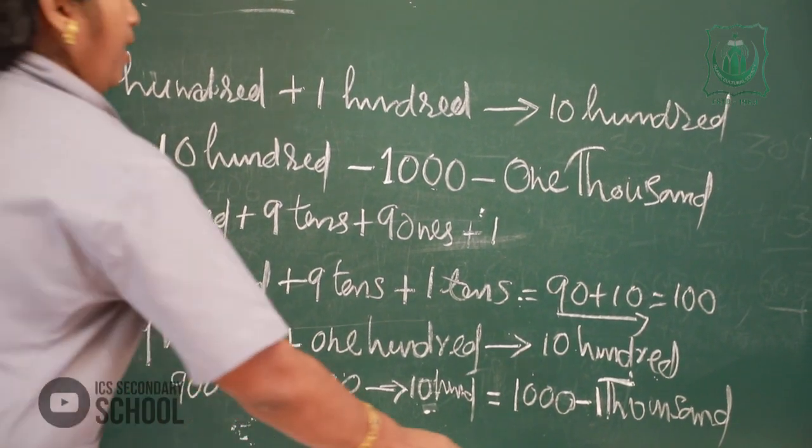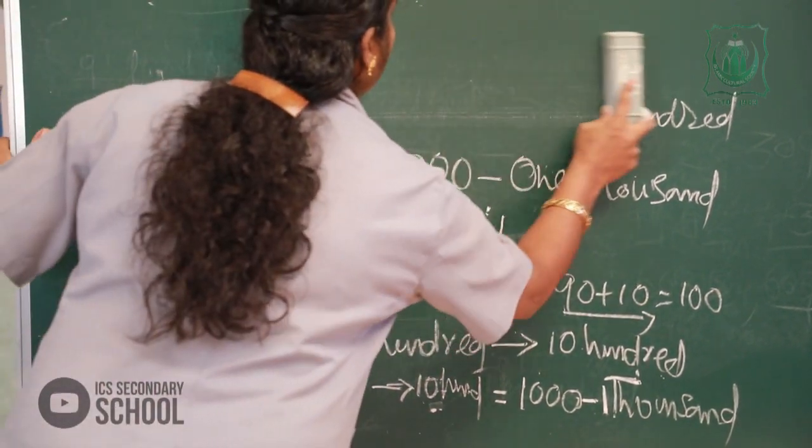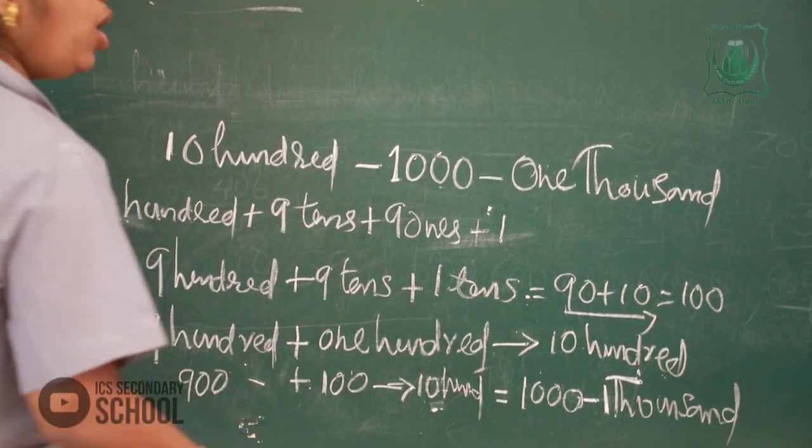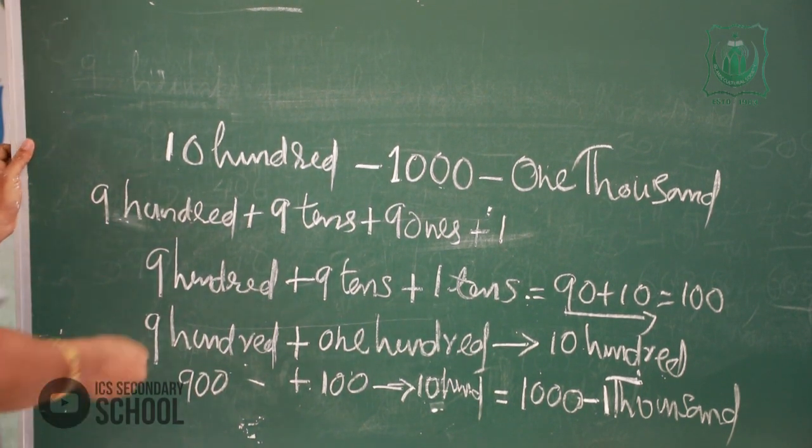Next one: 1000 is the smallest 4-digit number.